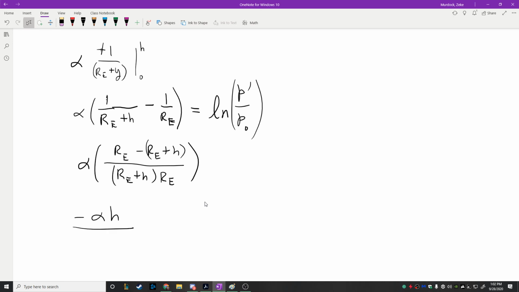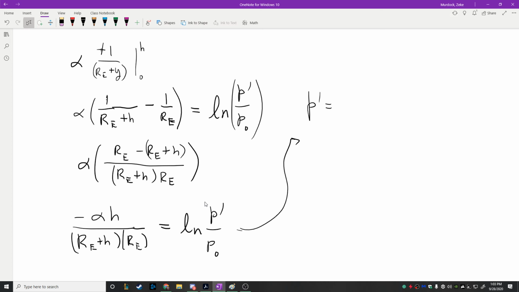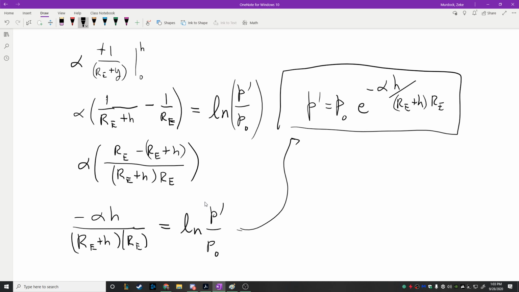So negative alpha H over... and then we get an answer from this, which is going to be that P prime equals P naught e to the negative alpha H divided by... It's basically the same answer though, because R_E plus H, even if you're at the very tip top of our atmosphere, the height would be very small relative to the radius, but nonetheless, there you go. There's the answer. Get an H here and you get an H there.